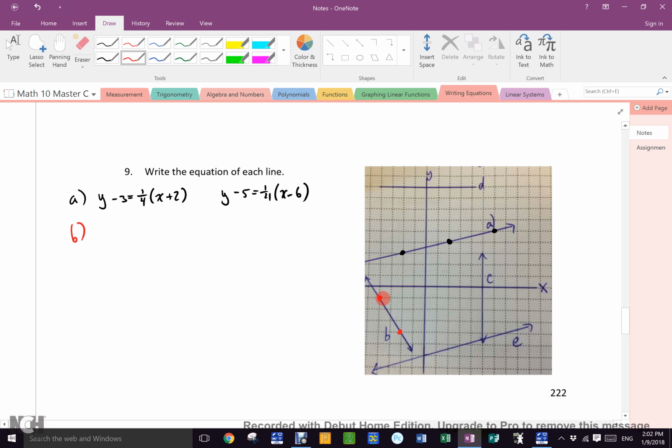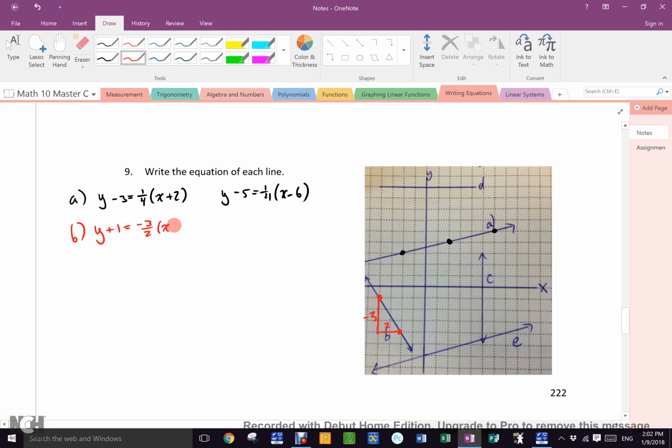Minus 3 plus 2, right? So y, if I'm using that point, it's minus 1, right? So it's y minus minus 1. What would that be? y plus 1. My slope is negative 3/2. And my x is minus 4, so it's x minus minus 4, which would be x plus 4.